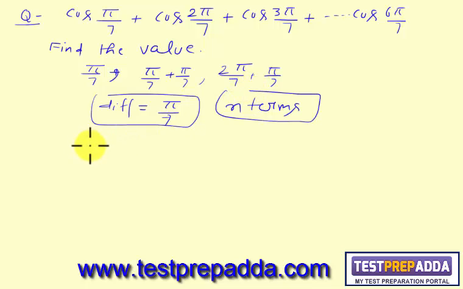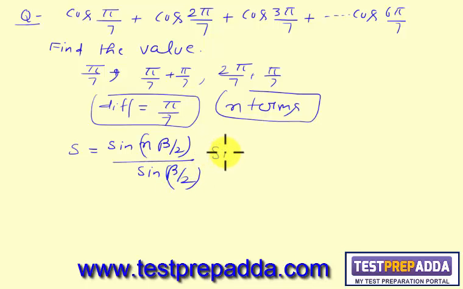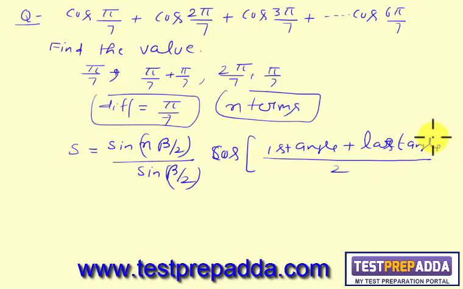Now recall the result which we derived earlier for the cosine series. The summation was sine n beta by 2 upon sine beta by 2, and then for cosine it was cos, and inside the bracket (first angle plus last angle) by 2.